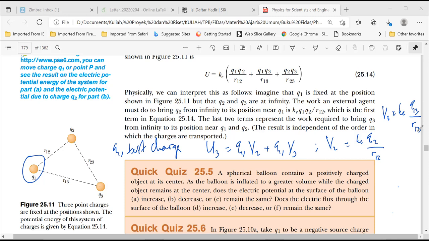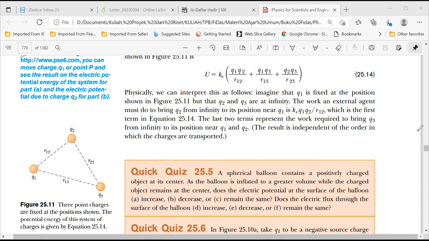No? Okay, so finally, for the total system, Q1, Q2 and Q3. The total potential energy, the total U, is equal to U1 plus U2 plus U3.